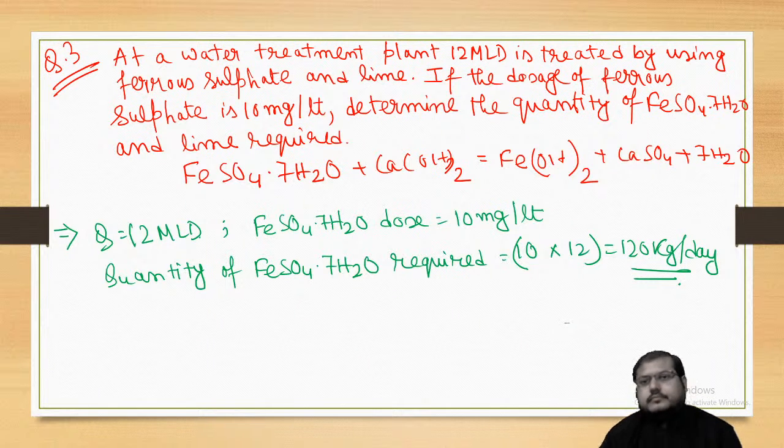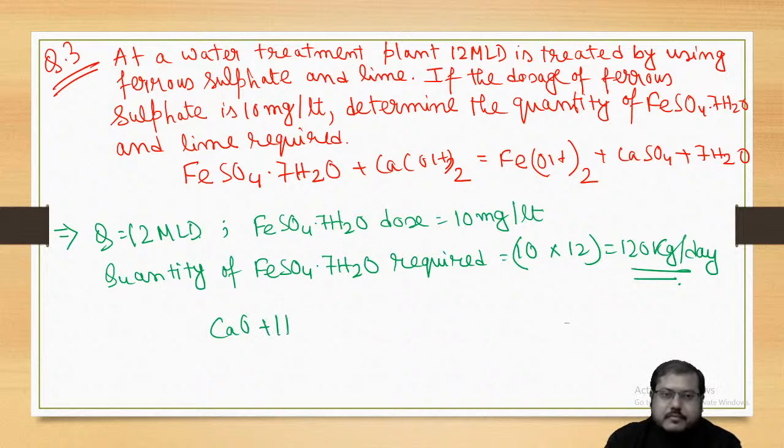Now, see what they're asking. They're asking to find out the quantity of calcium oxide required. But in this equation, it is shown that the relationship of ferrous sulfate is with the calcium hydroxide. What you need to do? क्या करना है? Same equivalency concept कि हमको calcium oxide और calcium hydroxide के बीच एक रिश्ता तैयार करना है. So it's CaO. This thing you need to remember. This thing you need to understand.